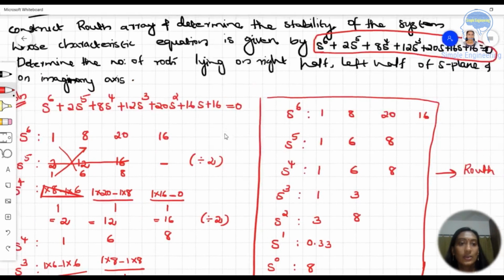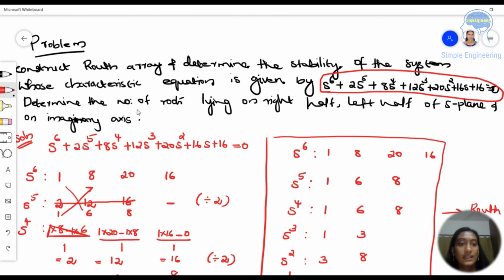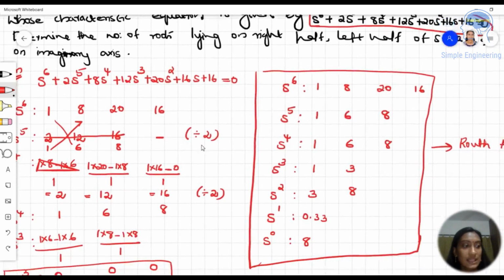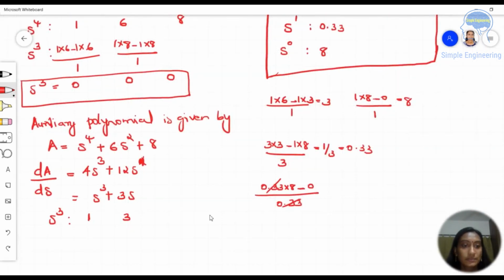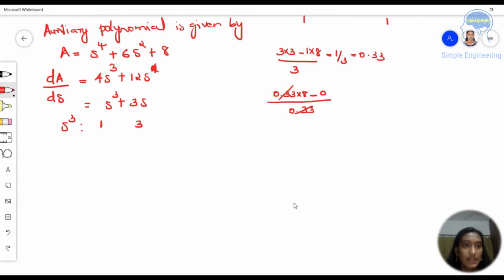Next, in our question, we have to determine the number of roots lying on the right half, left half of the S-plane and on the imaginary axis also, so that we can find out. So coming to the auxiliary polynomial A, it is equal to s power 4 plus 6 s square plus 8, which is equal to 0.